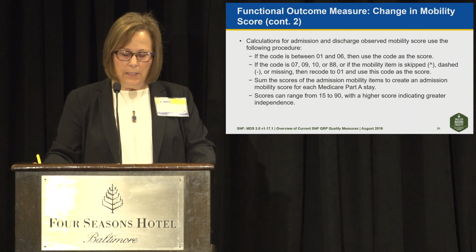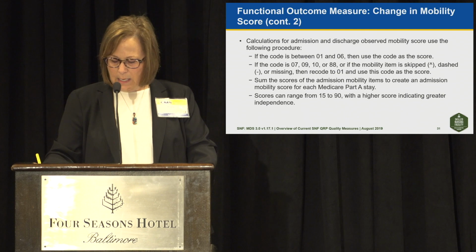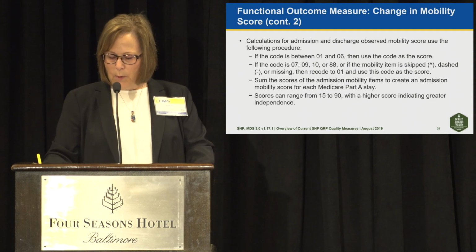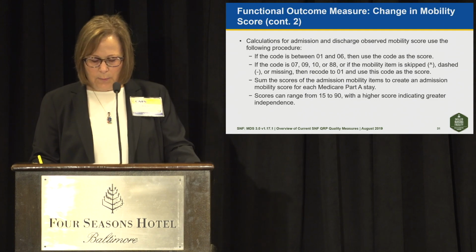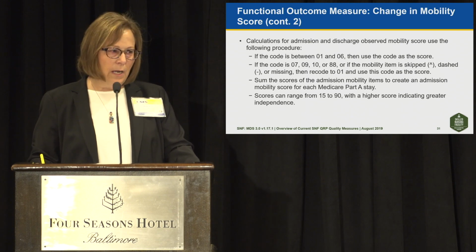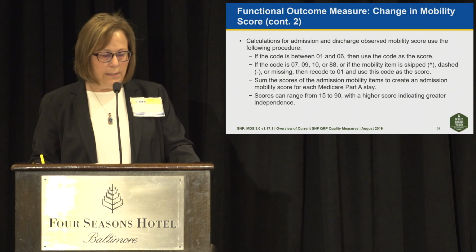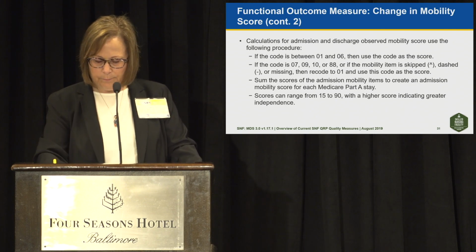If the code is 7, 9, 10, 88, the item is skipped, dashed, or missing, then recode as 01 and use this code as the score. The sum of the scores of the admission mobility items are used to create an admission mobility score for each Part A stay, and scores can range from 15 to 90, with a higher score indicating greater independence.